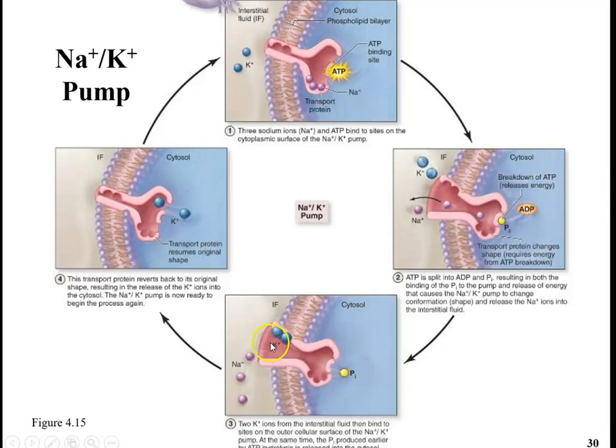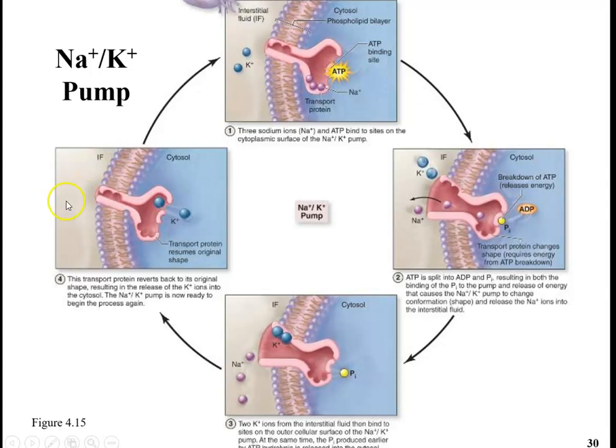Now you've got the 2 potassium ions that are able to bind to this protein. And when they do, the pump changes its shape back to its original conformation and releases the potassium inside of the cytosol, which is moving it against its gradient. Right? So normally there's a lot of potassium inside of the cell and not so much outside of the cell.